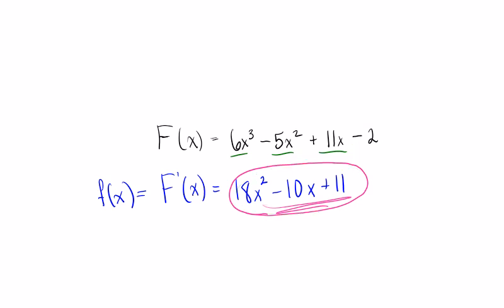Like I could have 6x cubed minus 5x squared plus 11x plus 0, and not have anything here. Or I could have a plus 1, and if I derive this, I would still get this, because the derivative of 1 is also 0, right? I could put a 10 here. I could put any number, any constant. I could put pi here. The derivative of pi is 0. Any constant could go here, right?